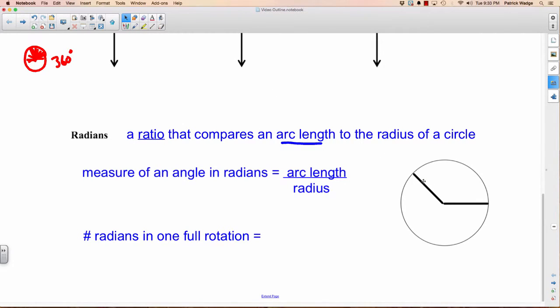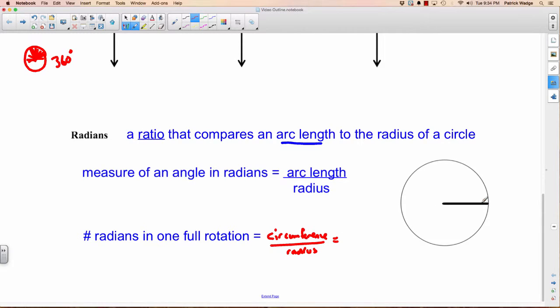What do we call that when you go all the way around a circle? We call that the circumference. So the number of radians in one full rotation is equal to however long the circumference is divided by the radius.